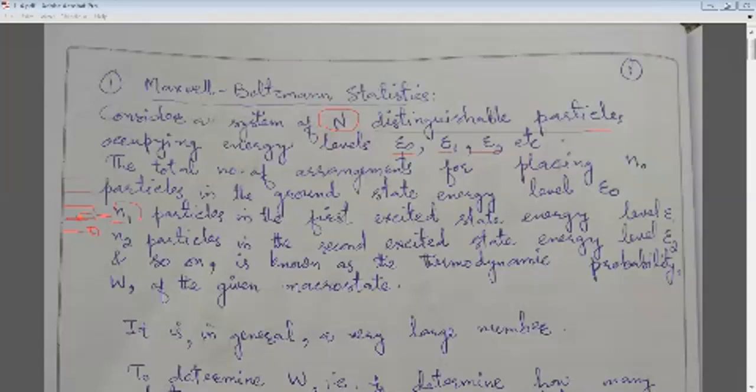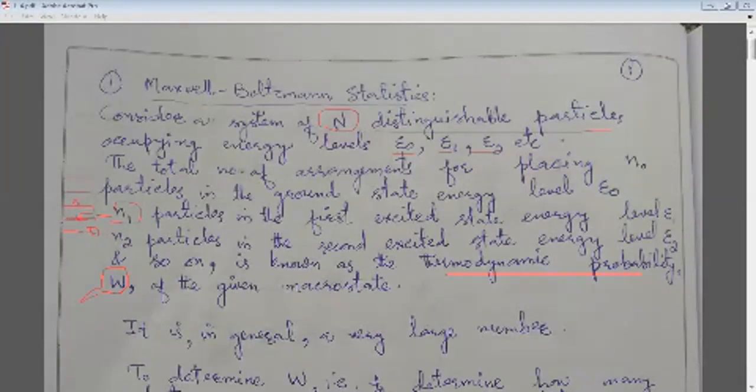Similarly, suppose small n2 particles are present in the second excited state and n3 in the third excited state, and so on. This type of pattern is simply known as the thermodynamic probability, which is represented by W. You have gone through this term in the previous classes.